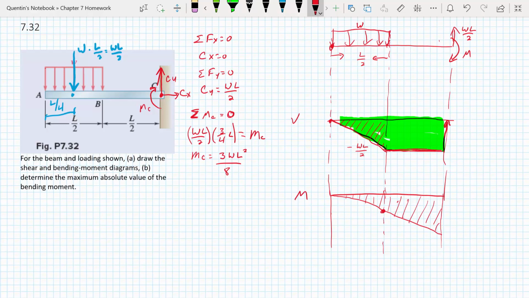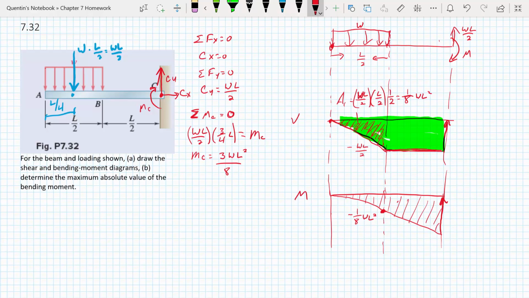Well, the change is the area under this curve, and since it starts at 0 and comes back to here, the area, we'll call this A1, is equal to WL over 2 times L over 2 times 1/2, base times height. So that is 1/8 WL squared.